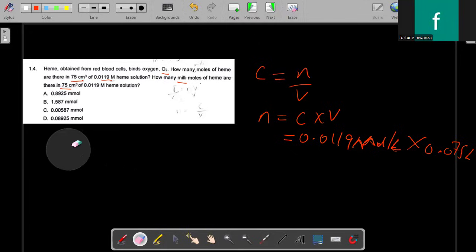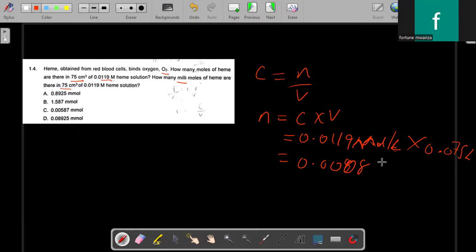So there I can calculate my number of moles. I multiply there, I'm going to get 0.0008925 moles. So these are my number of moles.